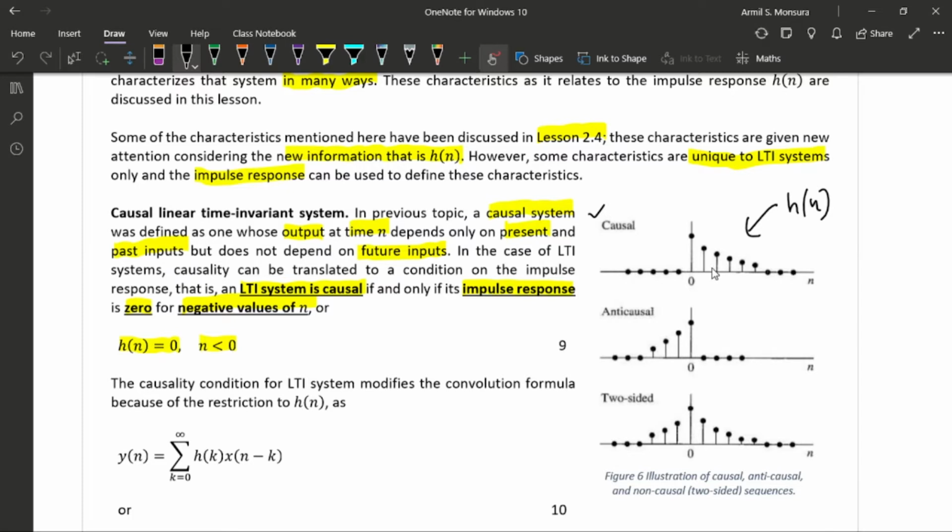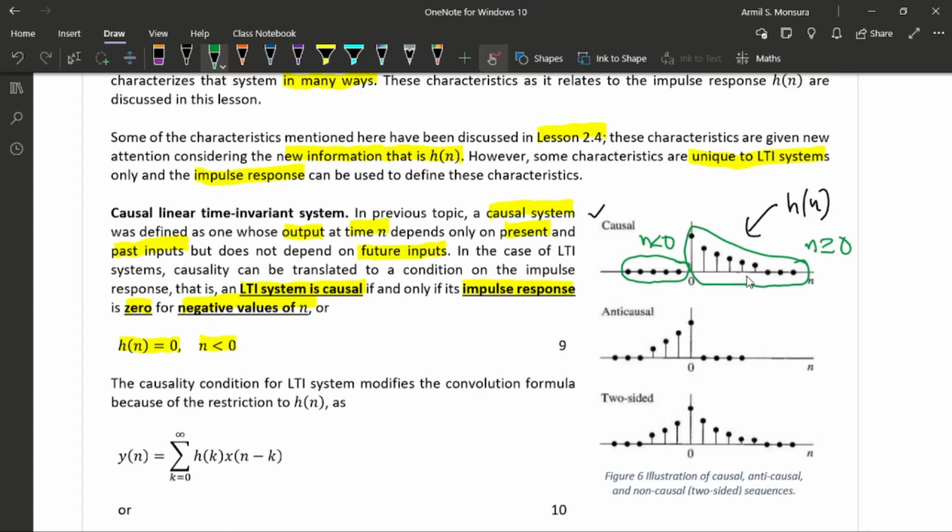As you can notice, the values of the causal sequence when n is negative are 0, and it is non-zero when n is greater than or equal to 0. That is what we call a causal sequence.